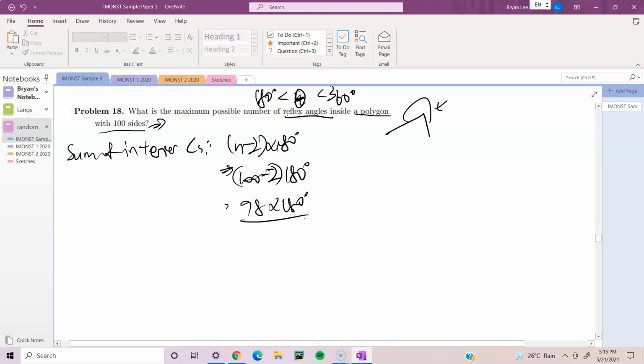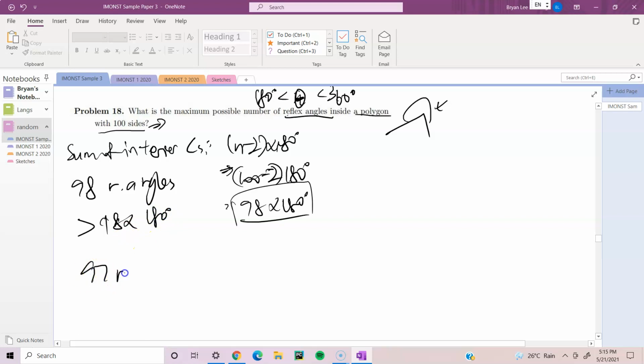So it's impossible to have 100 reflex angles inside a polygon with 100 sides because the maximum is 98 times 180 degrees, right? So if you have 98 reflex angles, it would exceed 98 times 180 degrees. So this is not possible.